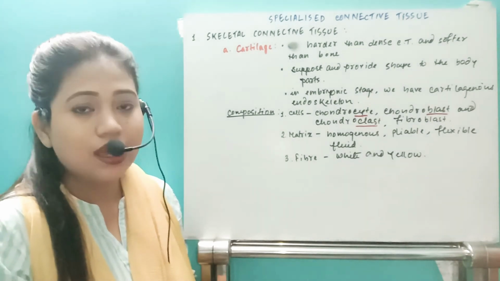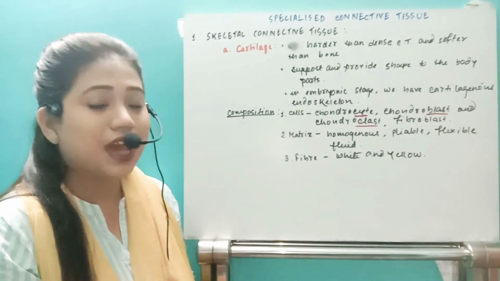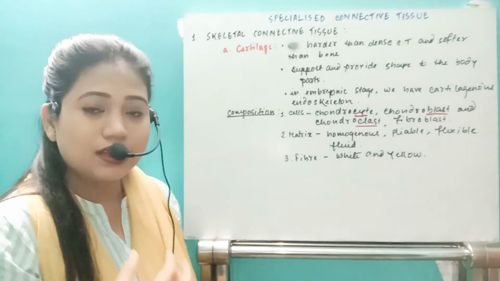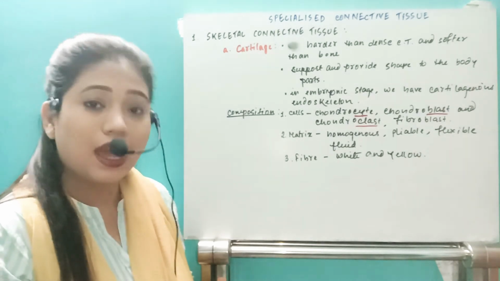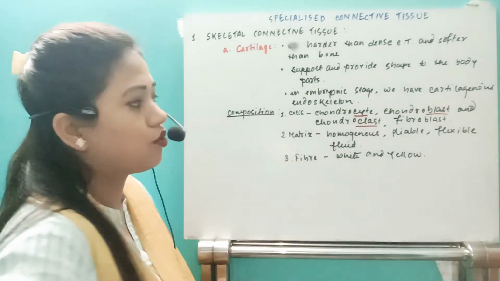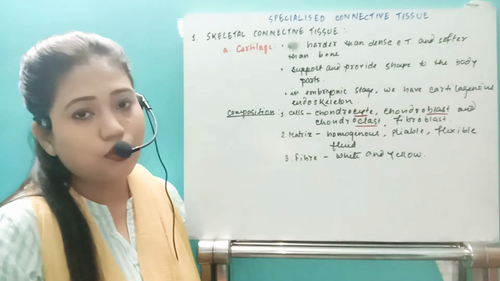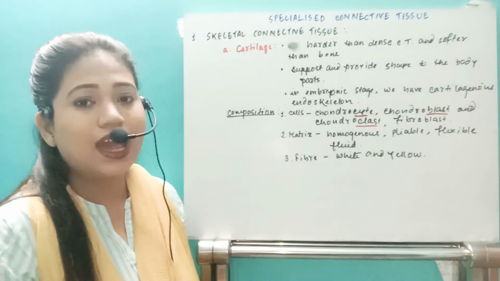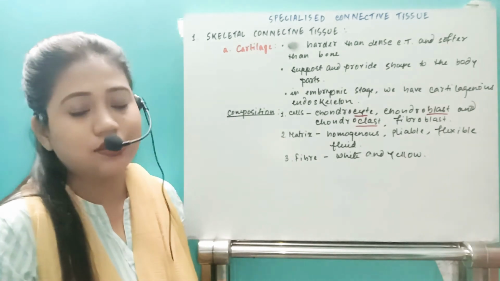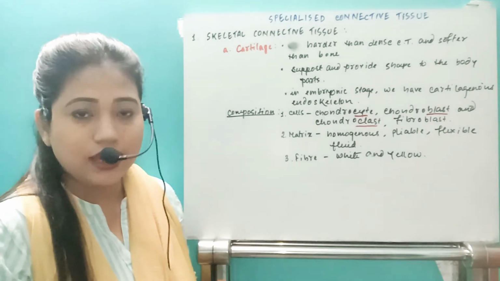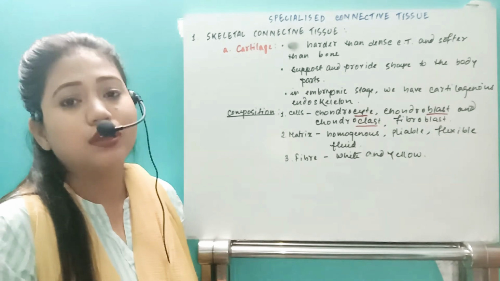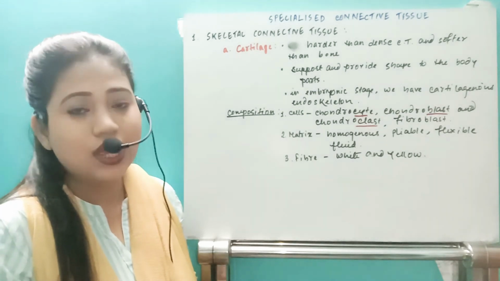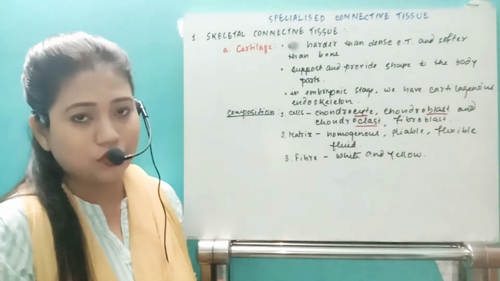The chondrocyte cell forms the cartilage, and it is destroyed by another cell called chondroclast cell. This chondroclast cell engulfs the chondrocytes and destroys the cartilage, right? And in that region the bones start to replace the cartilage and form the bony endoskeleton.